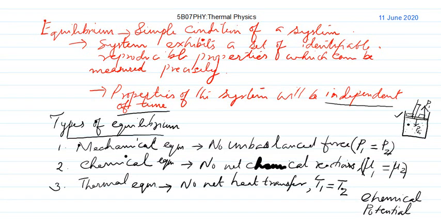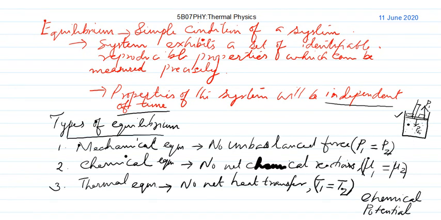You can regard one more type of equilibrium known as phase equilibrium. We may not be discussing much about phase equilibrium here, but remember, for the time being, mechanical, chemical and thermal equilibria are the three different types of equilibrium possessed by a thermodynamic system. Now our aim was to discuss and define what is meant by thermodynamic equilibrium.